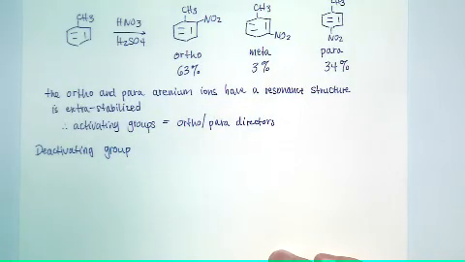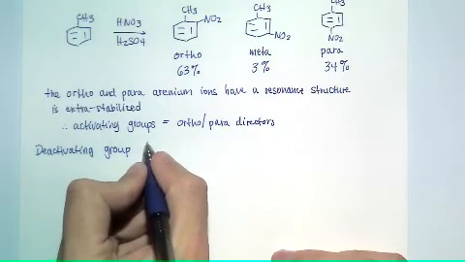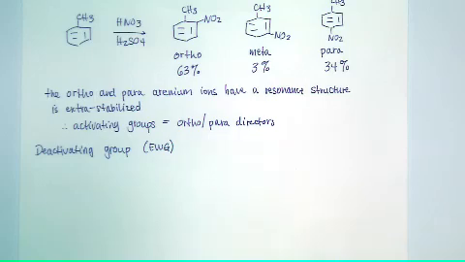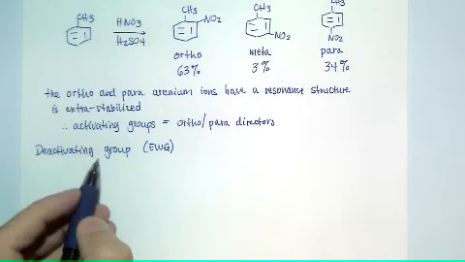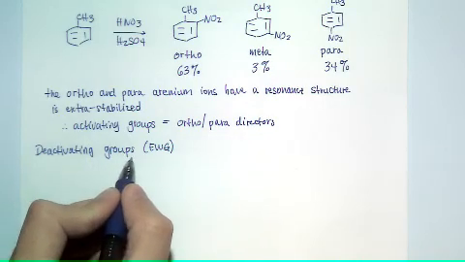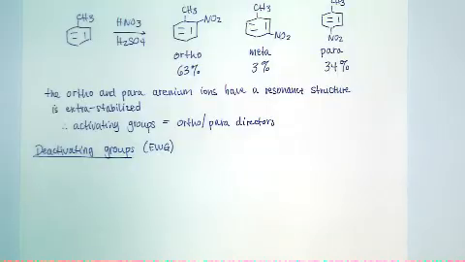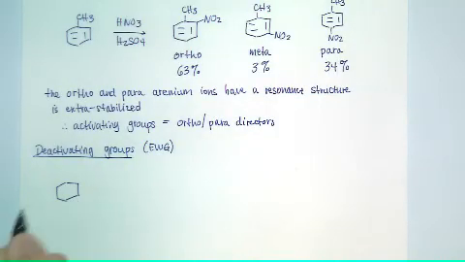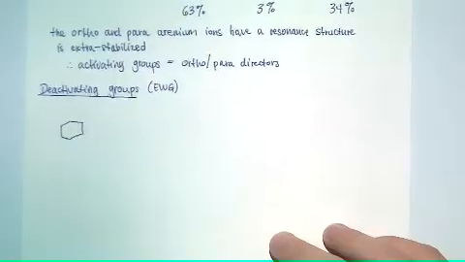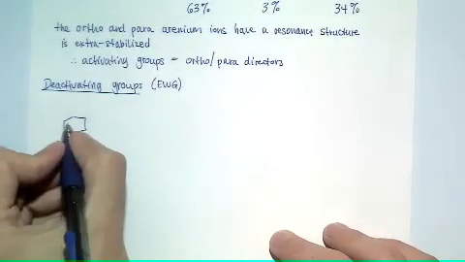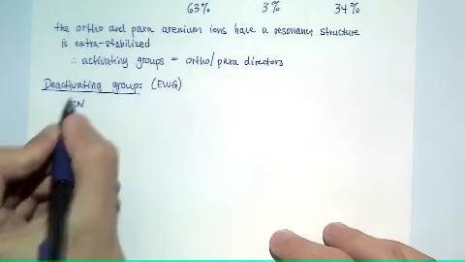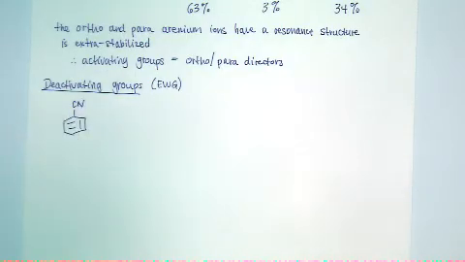And in the same way that activating groups are electron donating groups, deactivating groups are generally electron withdrawing groups. So, an example of one of those is CN, nitrile.